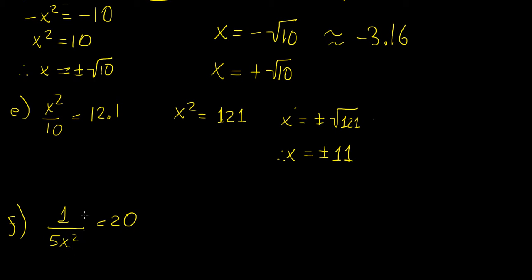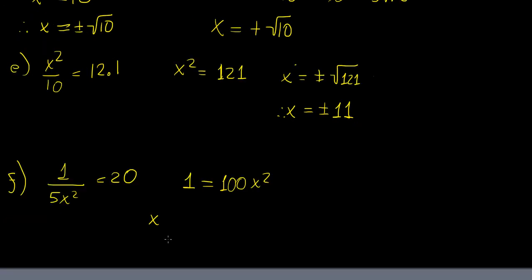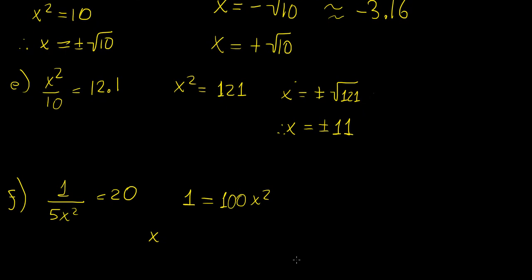In this final question, it's very similar, but now we have the x in the denominator. But that's not much of a problem because we know we can just multiply both sides by this to get rid of it. So we can have 1 equals 20 times 5x squared. That's going to be 100 times x squared. And now we have x equals, so let me just go down here, x equals plus or minus the square root of 1 over 100.